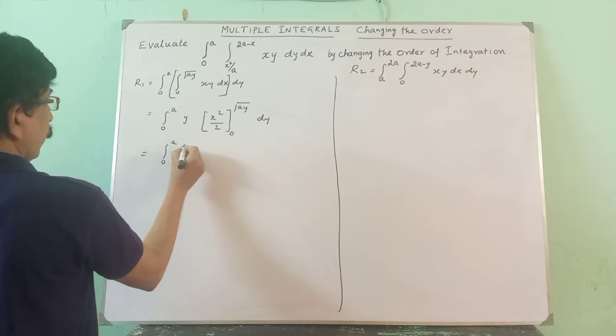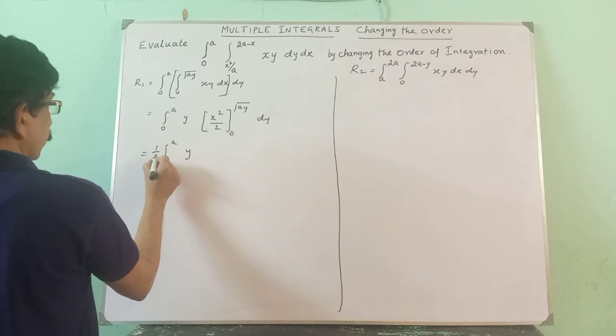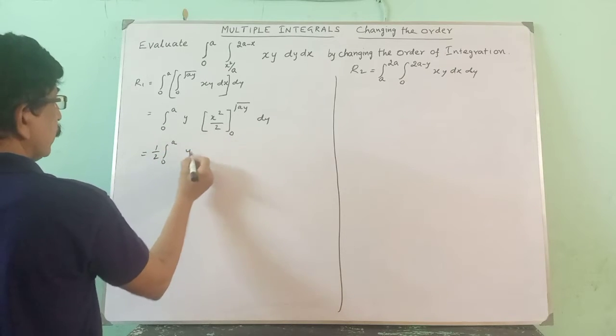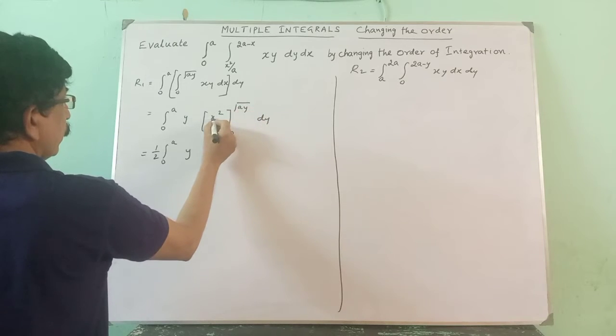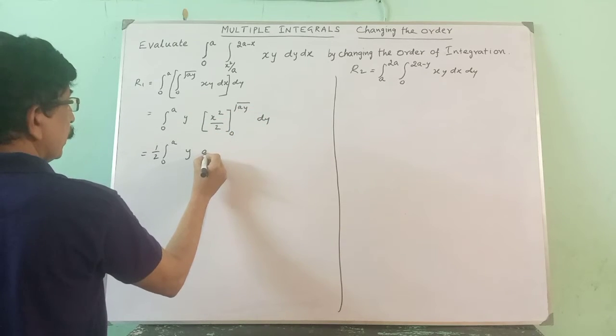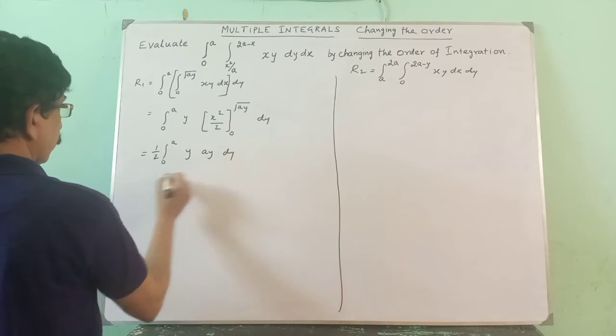Taking 1 by 2 outside, y x square, put root ay instead of x, root ay square, dy.